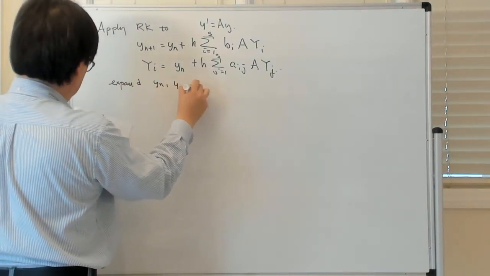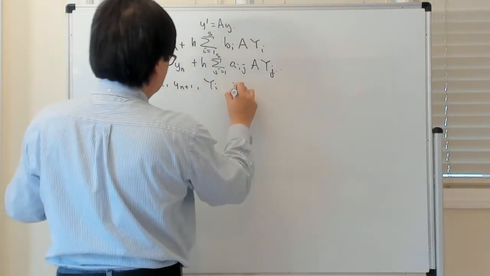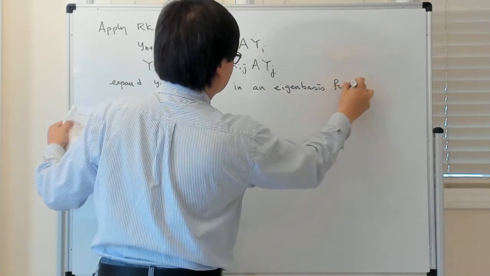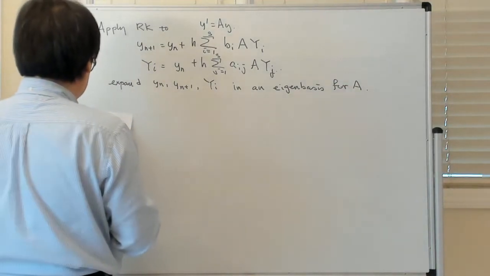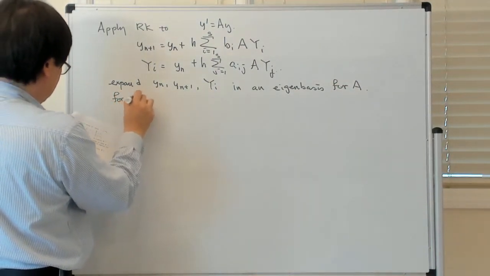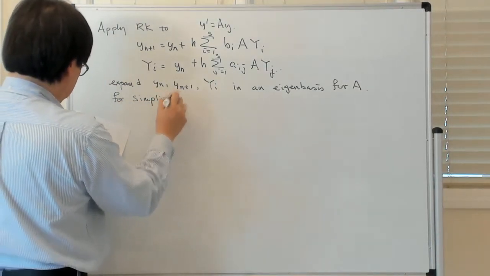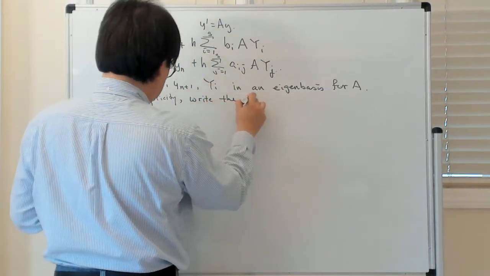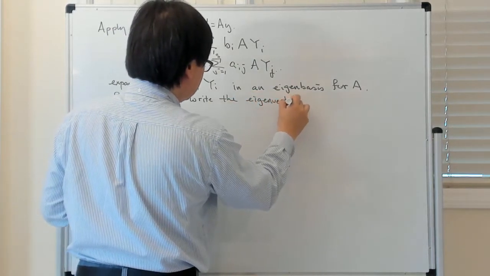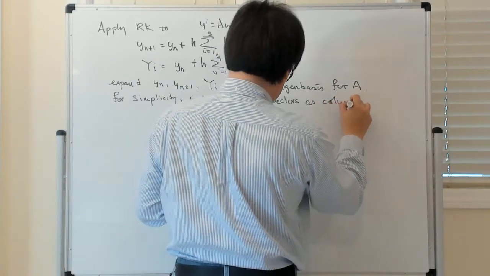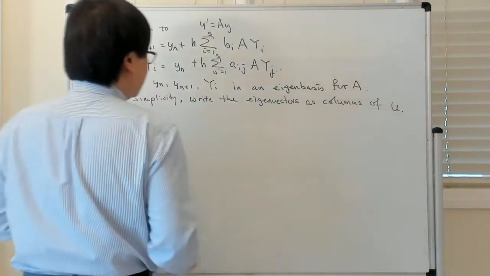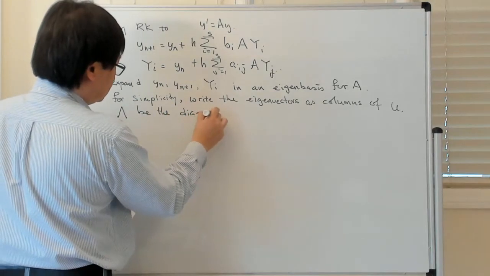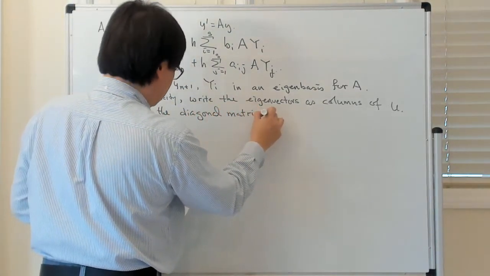Okay, and then you can expand y_{n+1} and the Y_i's in an eigenbasis for the matrix A. So for simplicity, I want to write the eigenvectors as columns of a matrix U, and then you let lambda be the diagonal matrix of eigenvalues.